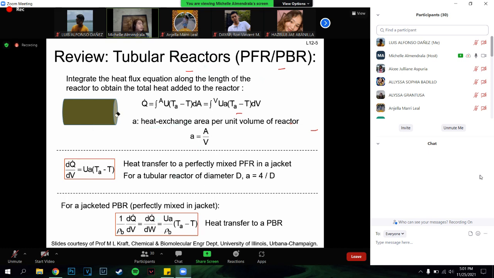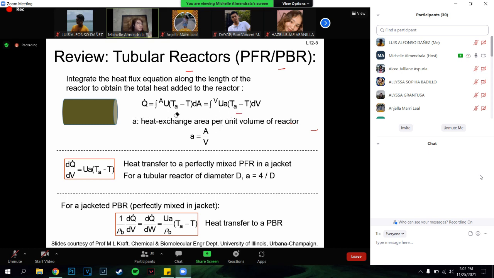So for the tubular reactor packed bed, if there is a heat exchange, there will be a Q in the form of the integral of U times (T sub A minus T), integrated from the initial area to the final area, the superficial area.